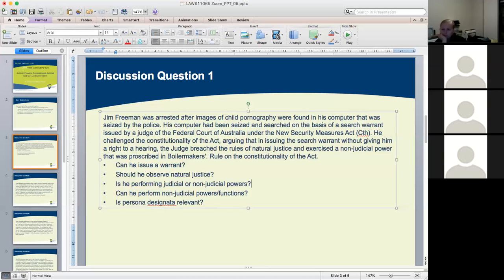It is actually possible for a student to arrive at a correct answer, but the student misidentified the legal issue. So what is crucial is not the conclusion, because we can always arrive at a conclusion even if we've misidentified what the legal issue is. What is crucial is being able to identify what the legal issue is. And that's why right now I'm trying to do this a bit more slowly.